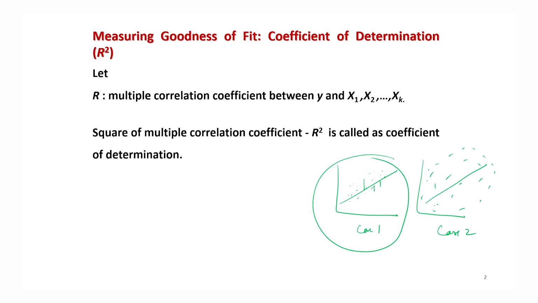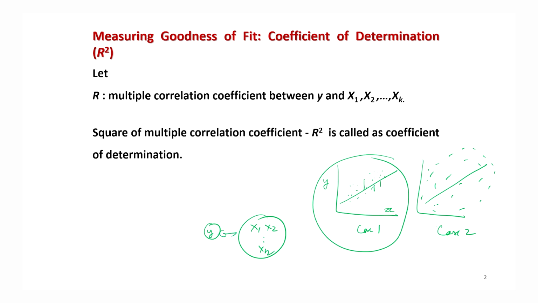And if you try to see, we are trying to find the degree of correlation between x and y in some way. One observation is on the x-axis and another set of observations is on the y-axis. But now we are going to find the correlation coefficient between a variable y and a set of variables x1, x2, ..., xk.